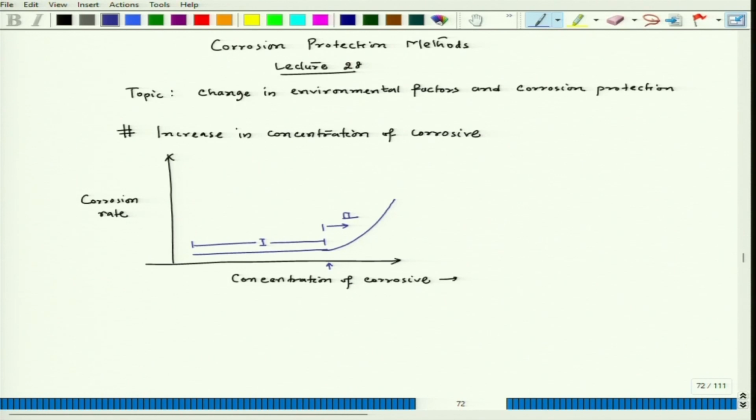Now, this kind of behavior we can notice, let us say in case of segment 1, where we can see nickel in NaOH or 18.8 stainless steel in HNO3.